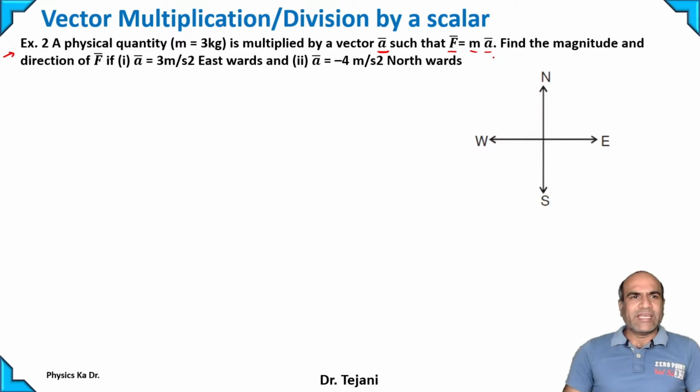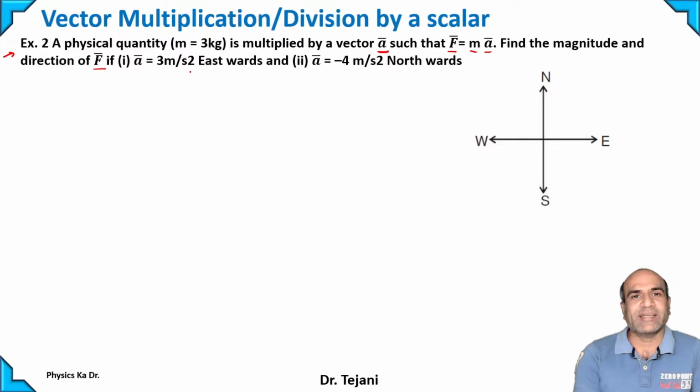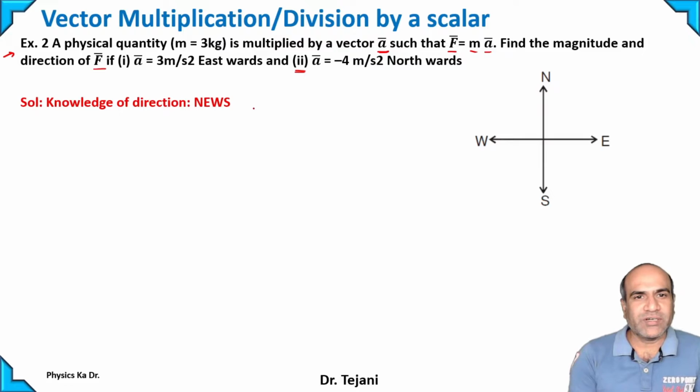Find the magnitude and direction of F if A bar is equal to 3 meter per second square eastward, and in the second case A bar is equal to minus 4 meter per second square. Now to solve this kind of question, you must know the direction.